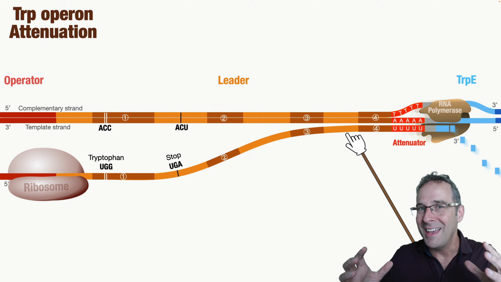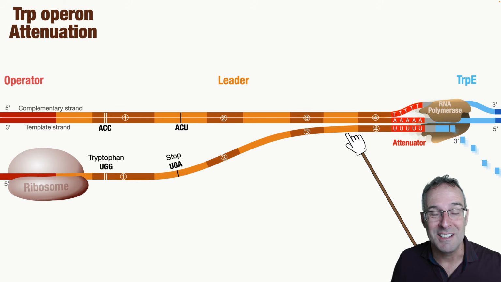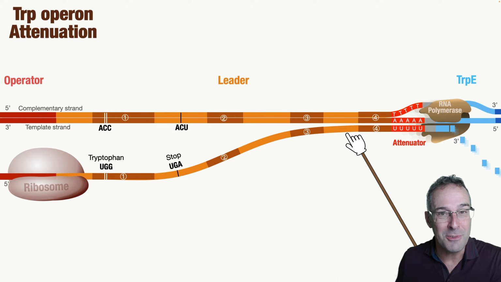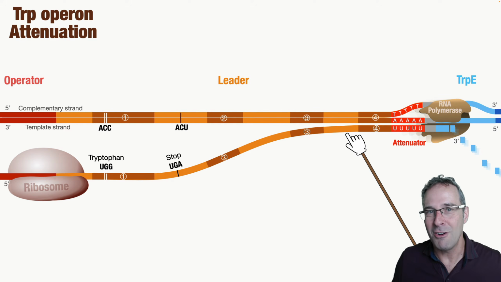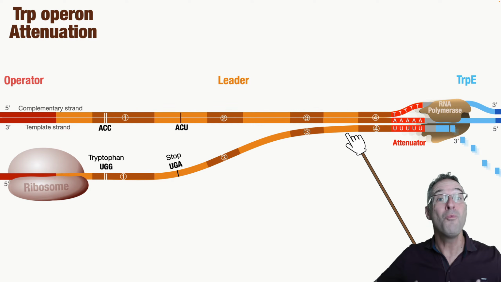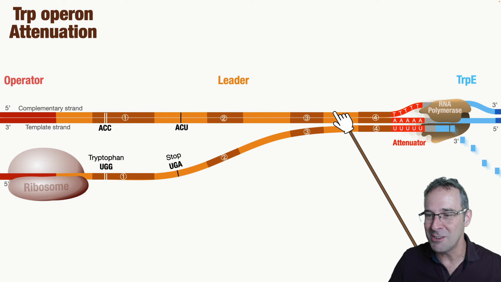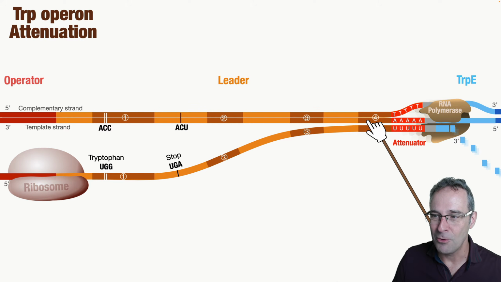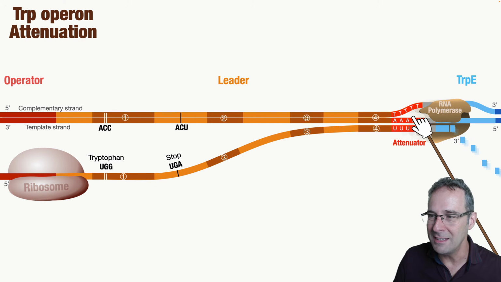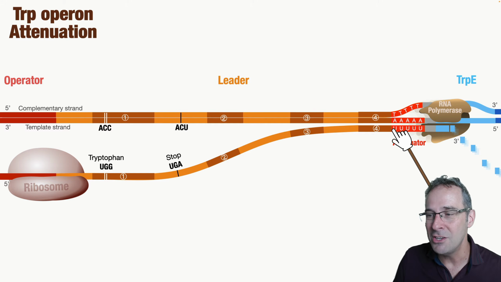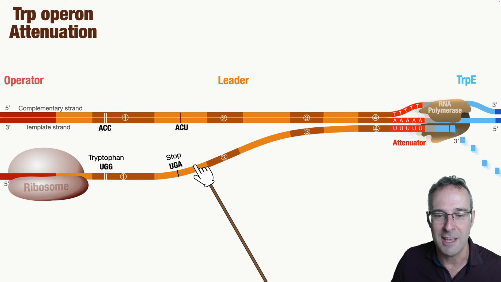But in a bacteria, there is no nucleus. So there's no nucleus for the messenger RNA to go out of. And because of that, there are ribosomes mixed up in here with the DNA. So as soon as transcription happens, even while transcription is happening, the ribosome will start translating the messenger RNA. And you can see that's exactly what's happening here. We've got the RNA polymerase running along here, using the template strand of DNA to make a messenger RNA copy, which is what we're looking at right here.